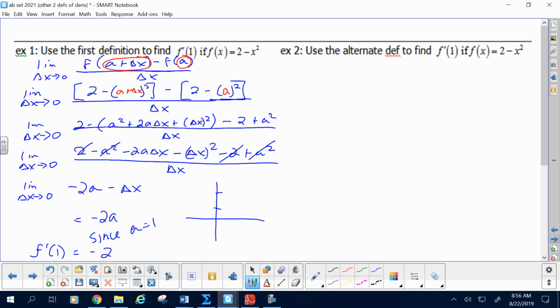All right. It looks like that. Tell me graphically what this means. What do you make out of that statement? At x equal 1, which is probably right here, the tangent slope is negative 2. Does that seem to jive with my picture?